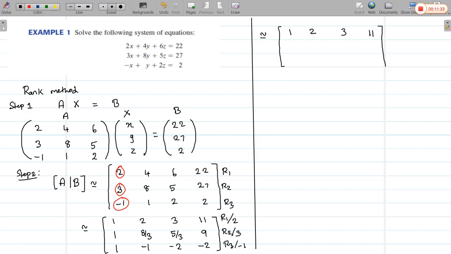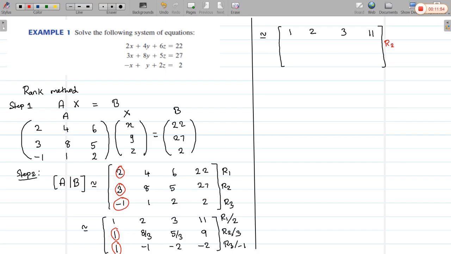Is that okay? Now I am going to change this second row first element, this 1, as 0, and the third row first element, the 1, as 0.